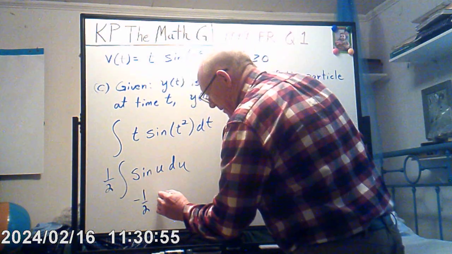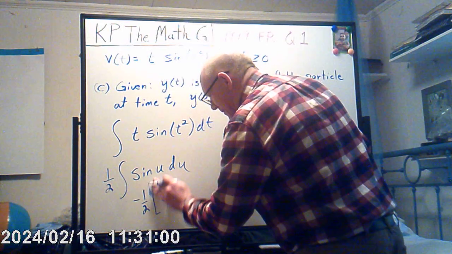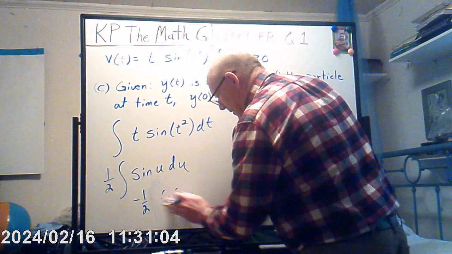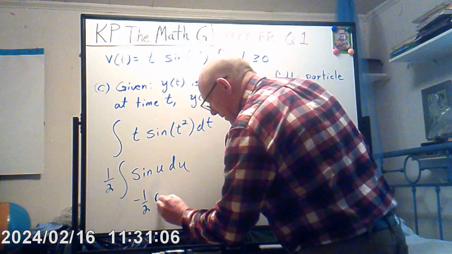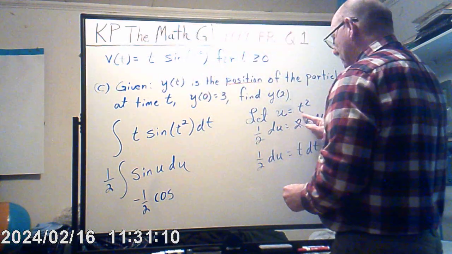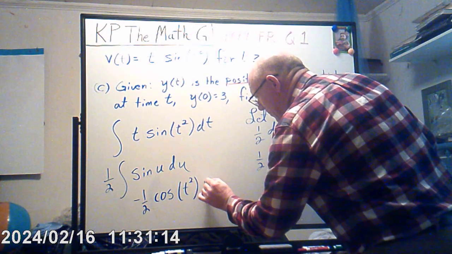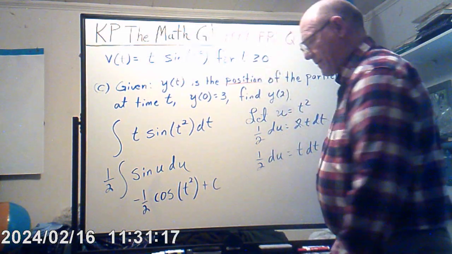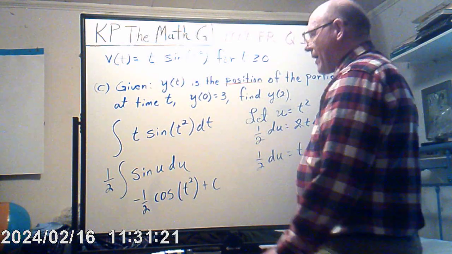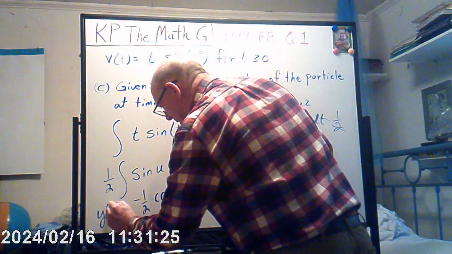That's where the negative is coming from. And then cosine of u. Now, instead of u, I'm going to put t squared, and then a plus c on the end here. And that is equal to y at t.